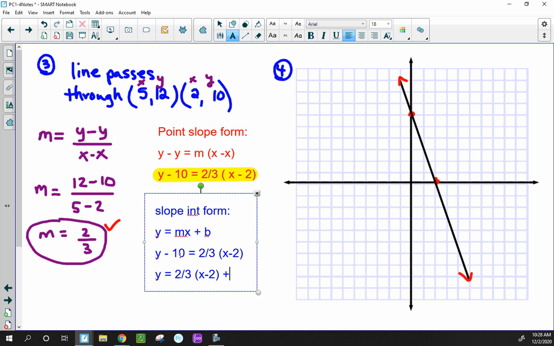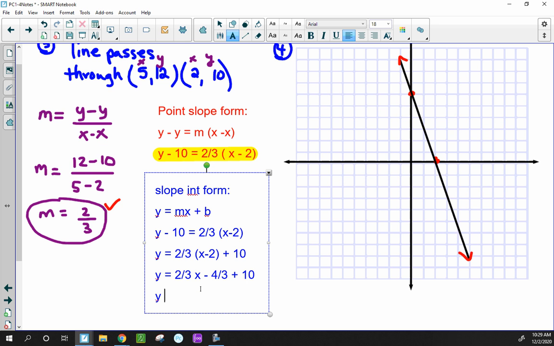Transpose the -10 across and call it +10. And then slope-intercept doesn't have parentheses, so I've got to distribute. So y is equal to 2/3 x. 2/3 times -2 is -4/3. And then we've just got to put those fractions together, and that's it.